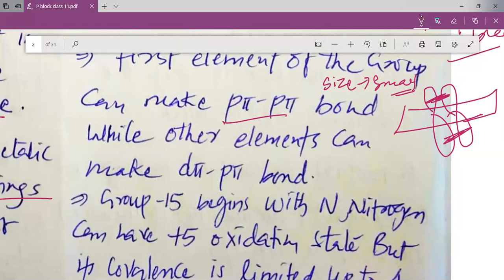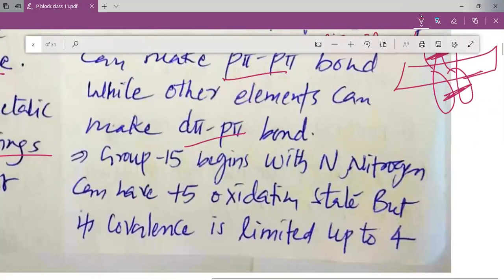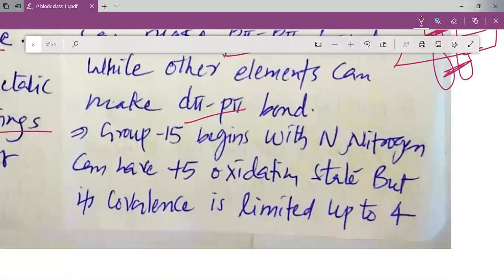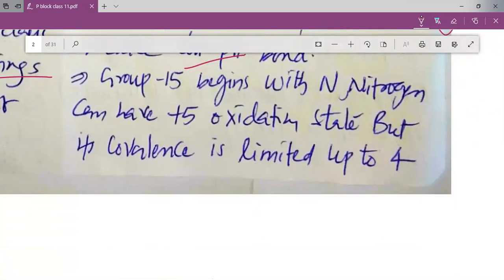The other elements generally make a d-pi kind of bond, using the d orbital with the p orbital of the small element. So the first element can only make p-pi bonds, while the other elements will form d-pi bonds.